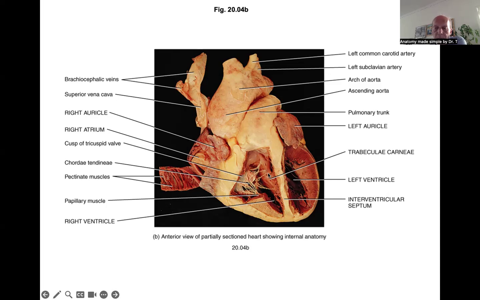Trabeculum means a beam, carnum means flesh or meat, and within the right ventricle, you're also seeing something else, which is interesting.